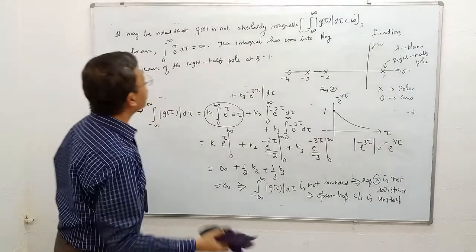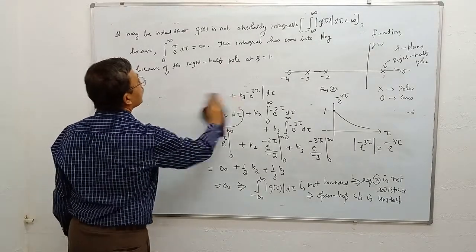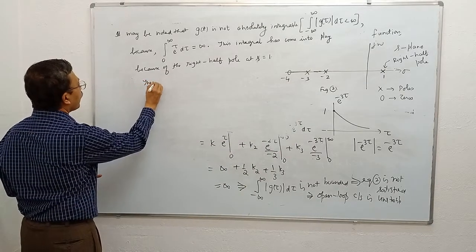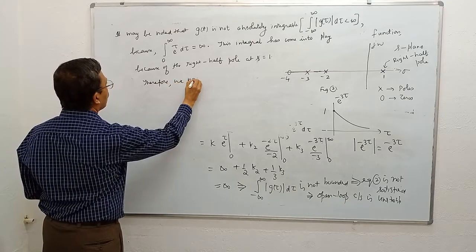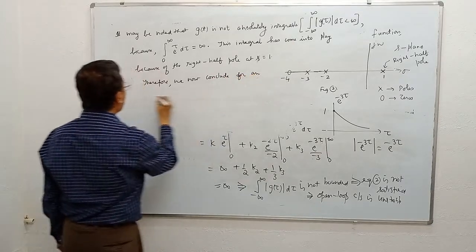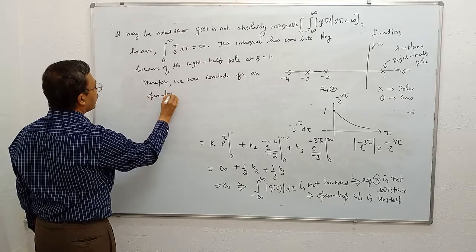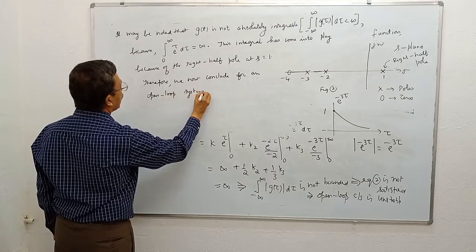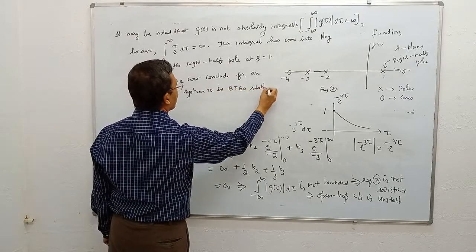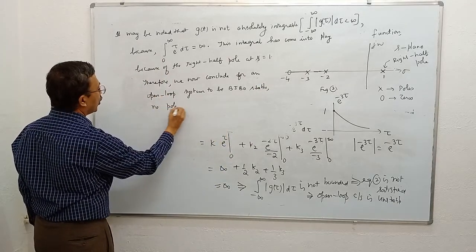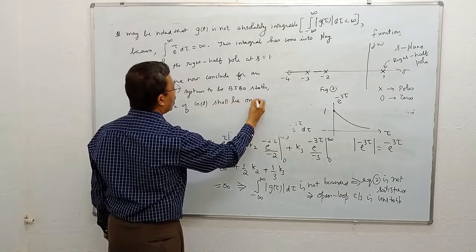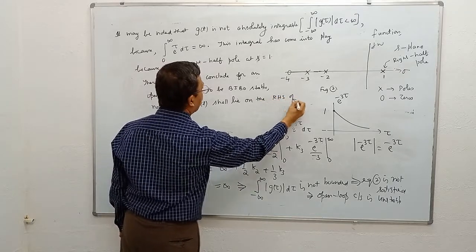Therefore, we now conclude, for an open loop system to be BIBO stable, no pole of g of s shall lie on the right hand side of the S-plane.